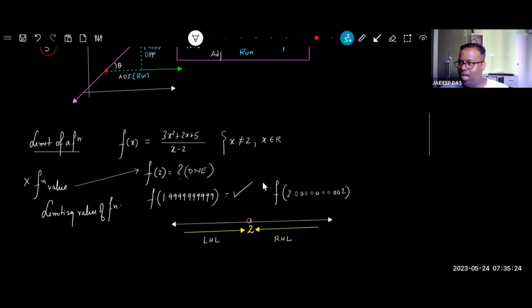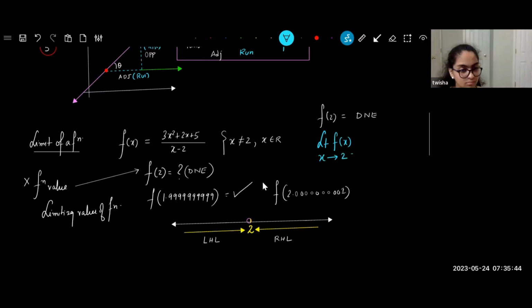Though f of 2 for this particular example is not defined, there is something which I can still find, which is the limit of f(x). What is the limiting value of the function as x tends to 2? And this x tends to 2 can happen from 2 different sides. One is the left-hand limit and one is the right-hand limit.